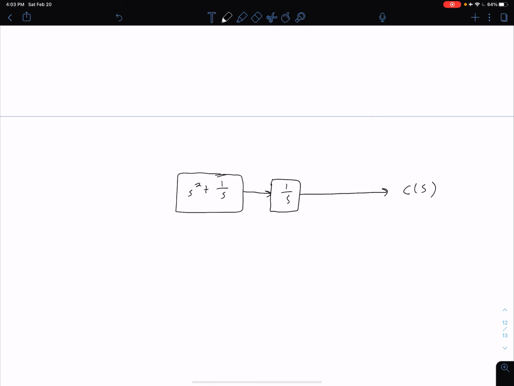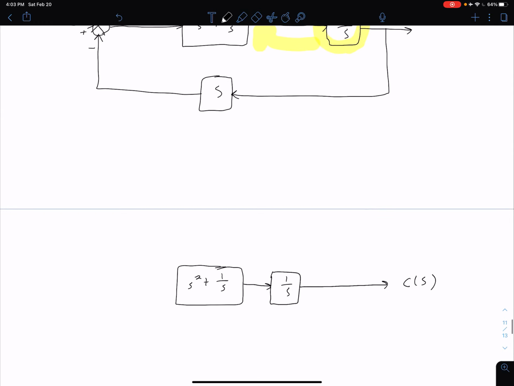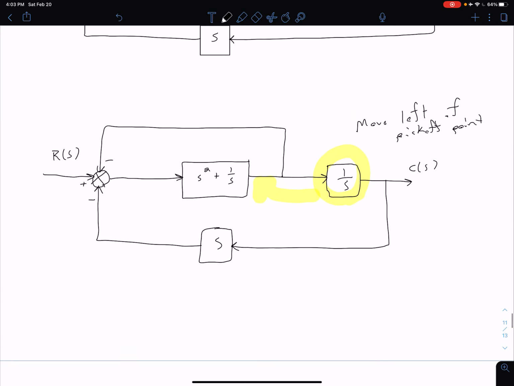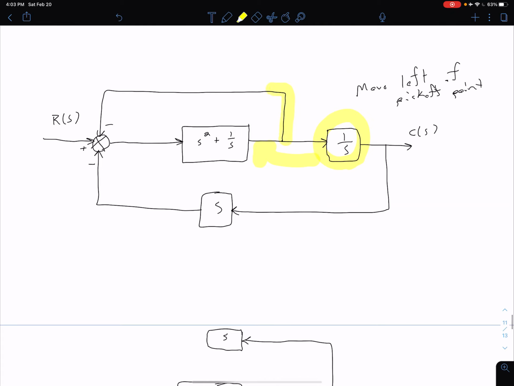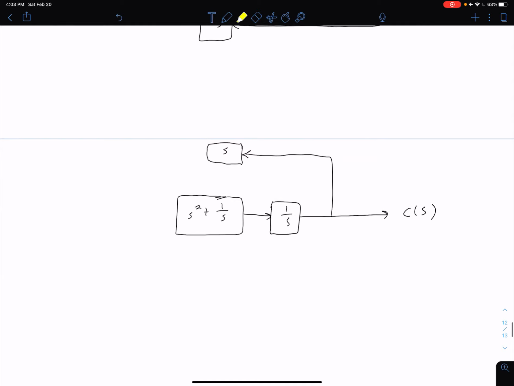But as we saw in a previous video, we're also going to have to adjust this upper path, because remember this upper path here was not multiplied by 1 over S, but now all of a sudden it is going to be multiplied by 1 over S. So we have to compensate by putting a block here with a value of S. And so again, if we go through here, we say it's now 1 over S times S, so we get back to whatever it initially was. The two blocks cancel out, which is the same thing we had here, just whatever it initially was coming out of that S squared plus 1 over S block.